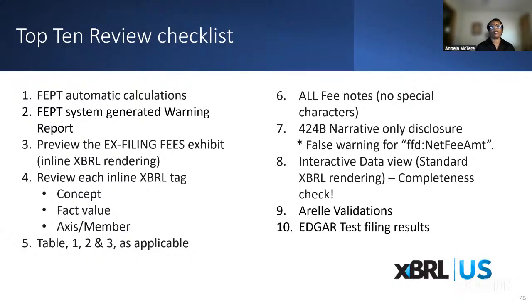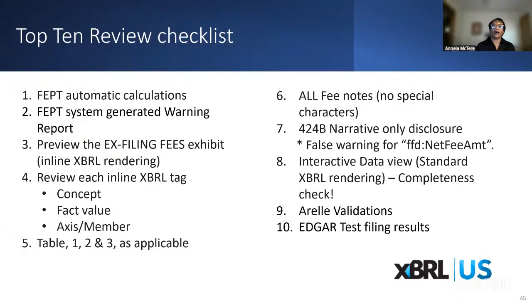Okay. Again, as Nikki stated, in all fee notes, no special characters can be included. I know she showed a sample of what some of that looks like. One of the main items that we see a lot is the Euro tag.